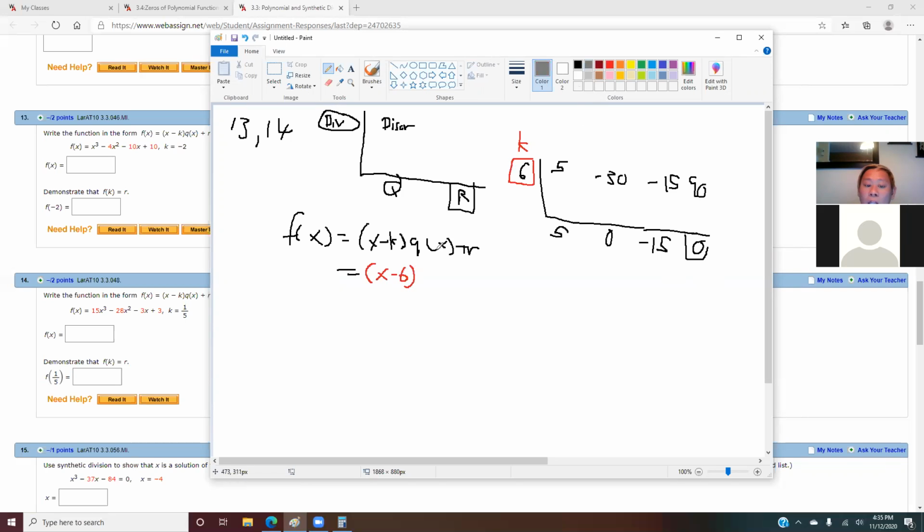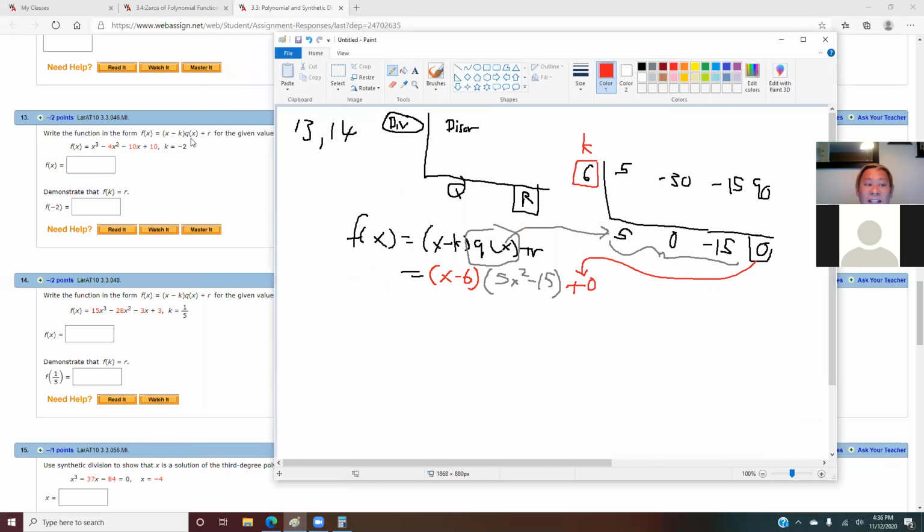The q of x comes from your quotient. And what is your quotient in this case? 5x squared minus 15. And then you plus 0, which is your remainder.